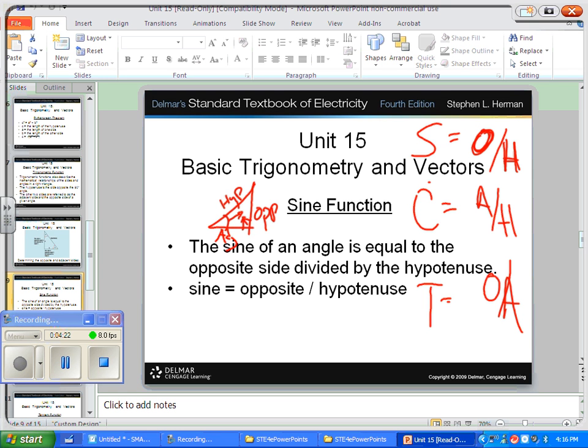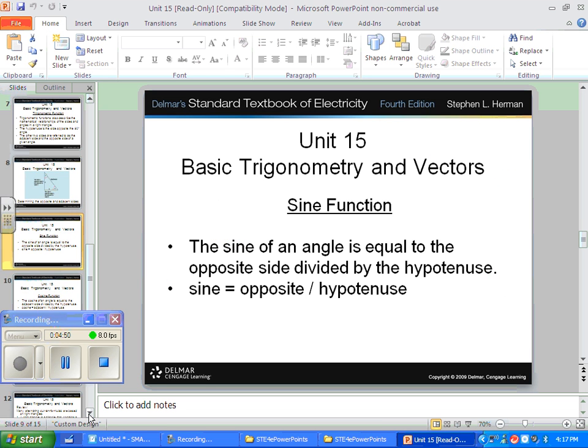So the opposite compared to the hypotenuse is the sine. We can scale this up and we can scale it back down. We can make it bigger or make it smaller. But the fractional relationship between the opposite and the hypotenuse is always the same.